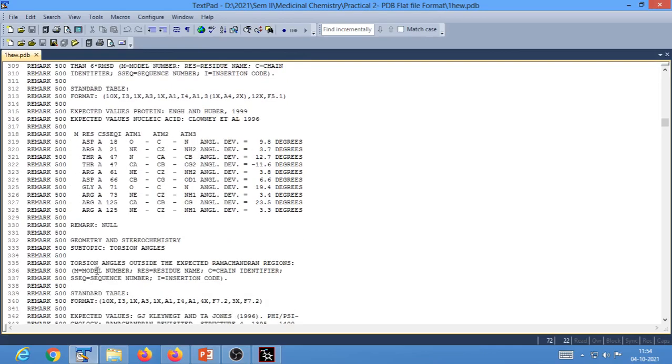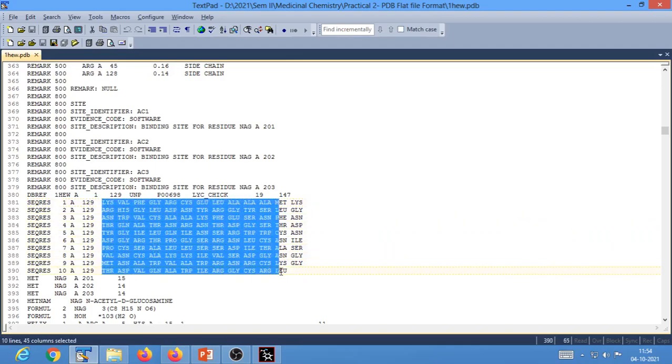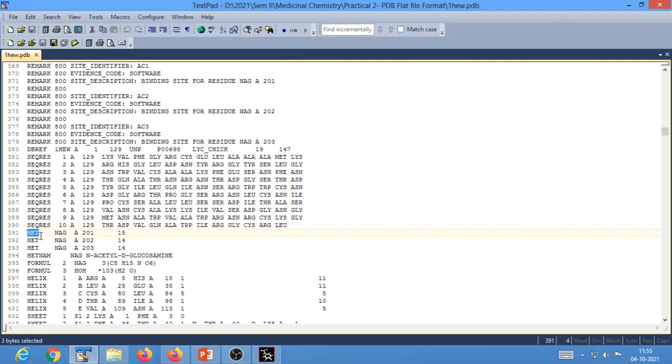Say for example, after remarks, you have got the SEQRES lines that begin with the keyword sequence residue. SEQRES stands for sequence residue. Over here, you are provided with the different amino acid residues that are present in your protein. Along with the amino acid residues, the HET line tells you what hetero groups are present in your protein.